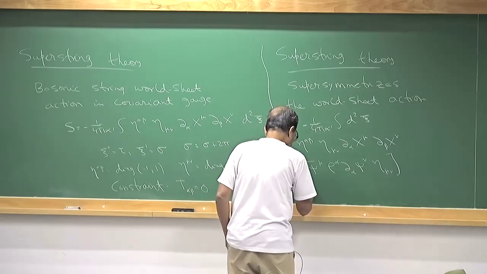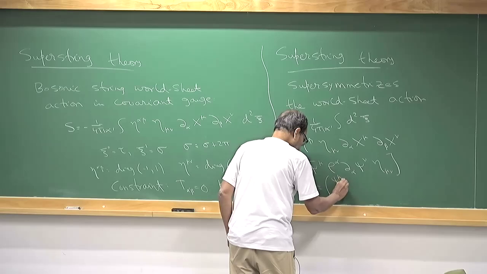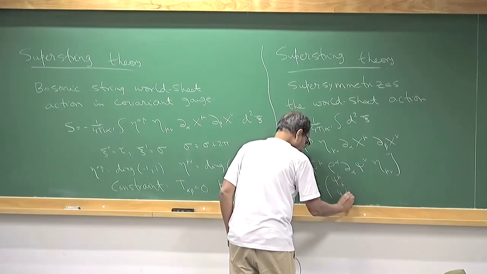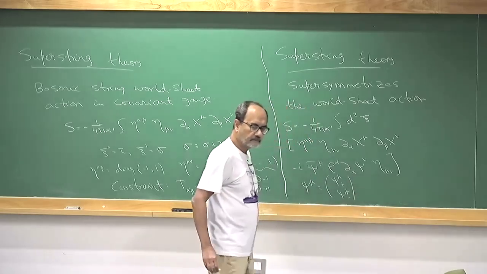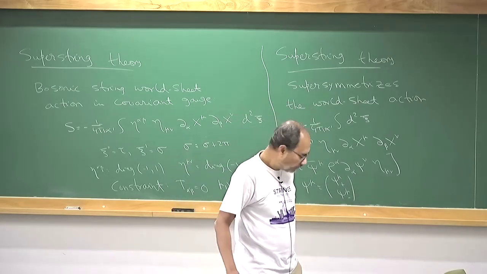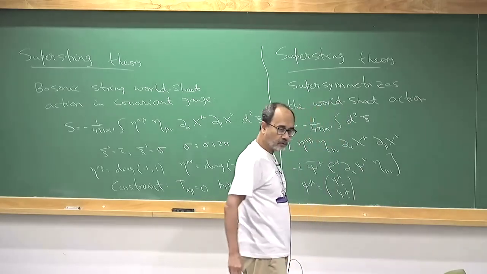So psi mu here is a two component fermion, psi mu plus and psi mu minus. Okay. Mu nu still run over d values, 0 to d minus 1.